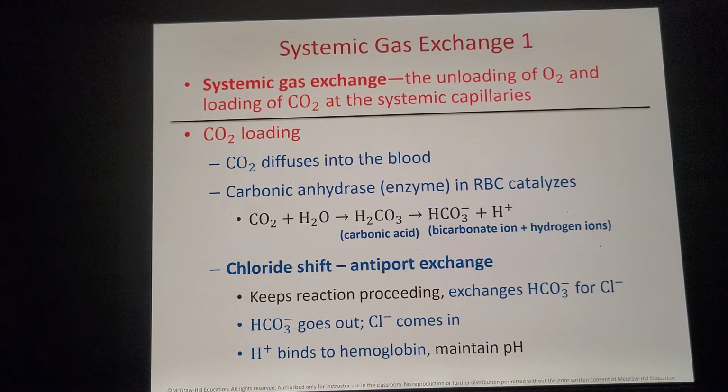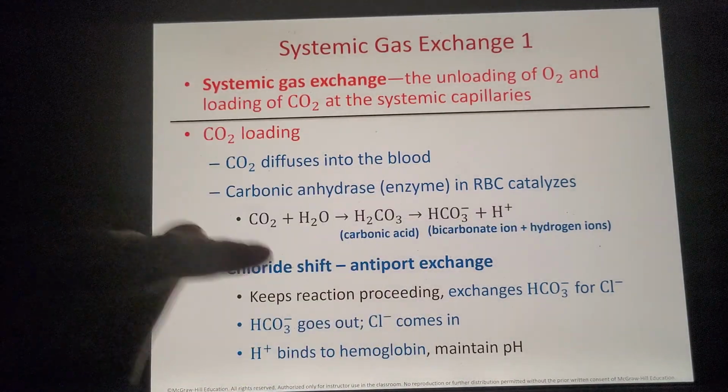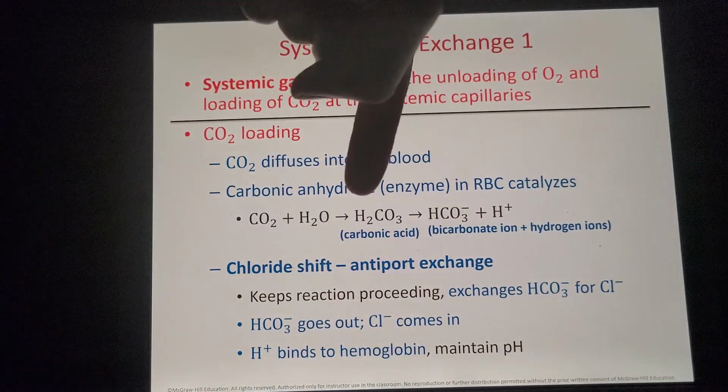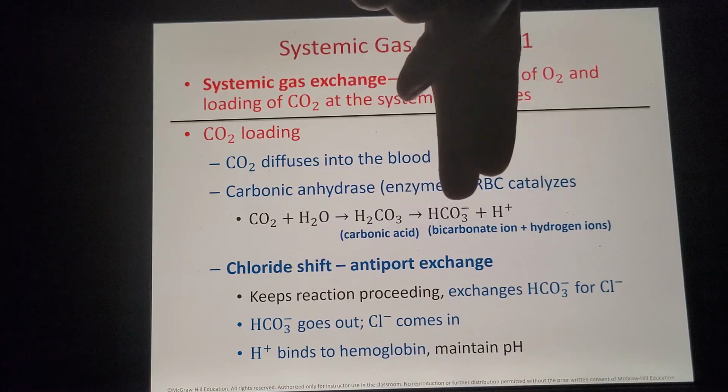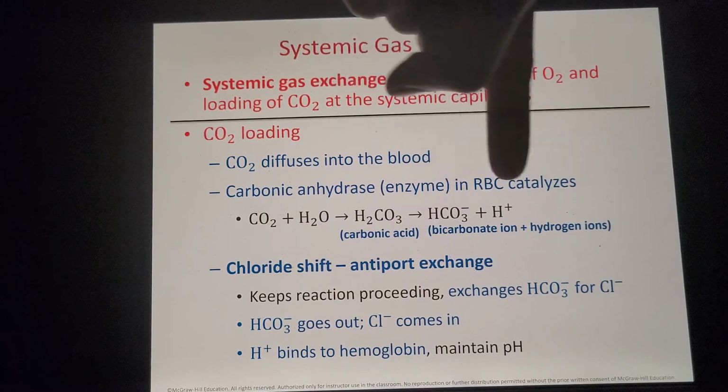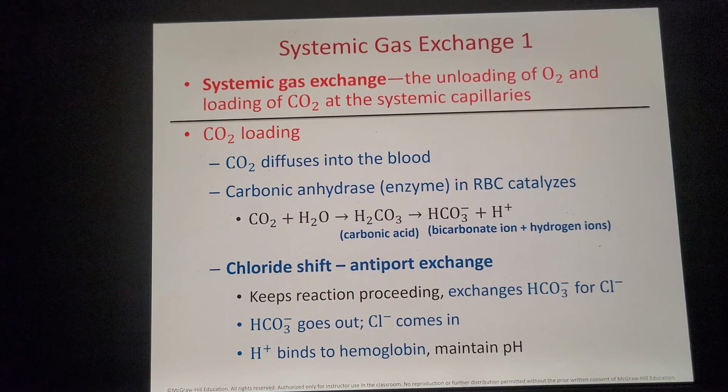So let's look at systemic gas exchange. We're in the tissues. We're going to get rid of oxygen and pick up carbon dioxide. So we start off with the carbon dioxide. Carbon dioxide is going to diffuse into the blood from the tissues. We go through this whole carbonic acid reaction, so shifting this way. When carbonic acid ionizes into bicarbonate and the hydrogen ion, the next step is the chloride shift.